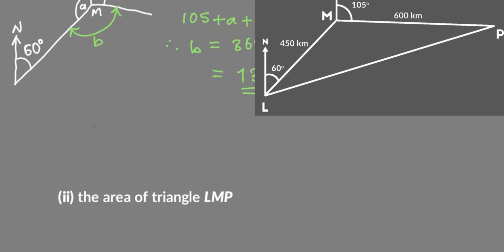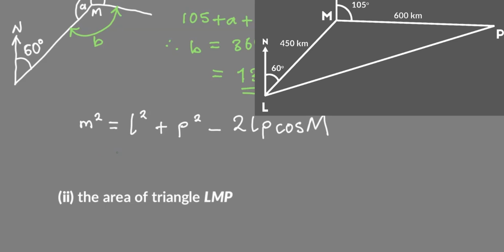The side opposite this 135 is going to have a lowercase m, so m squared is going to be equal to L squared plus P squared minus 2LP cos the angle at M.